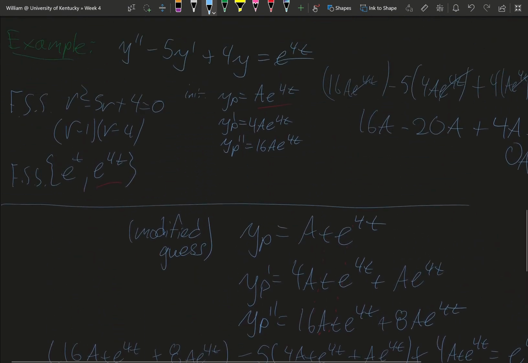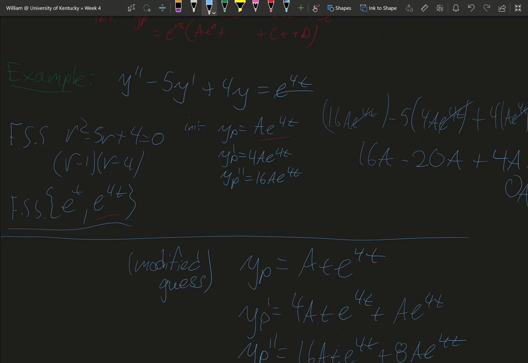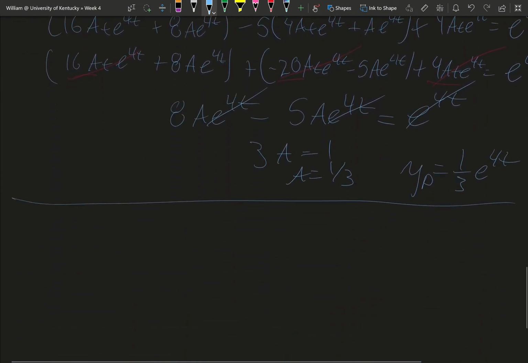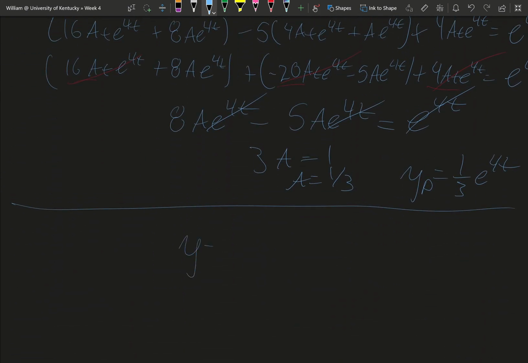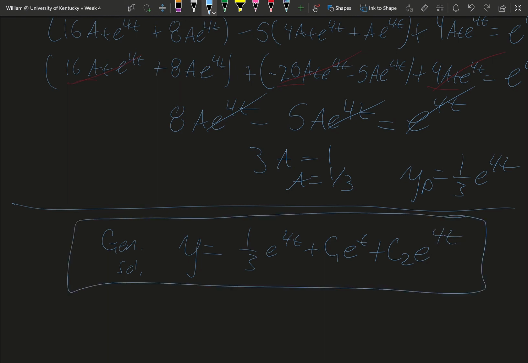And looking back up here at our fundamental set, we have our general solution is precisely this. Okay.